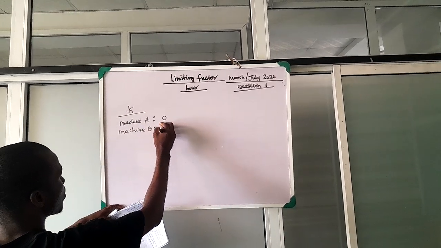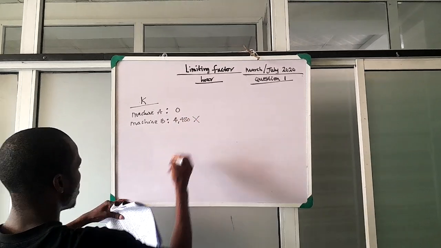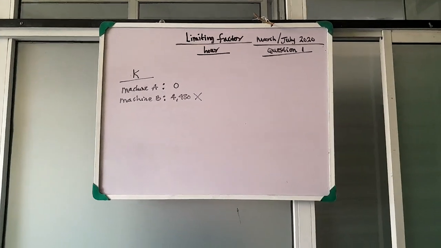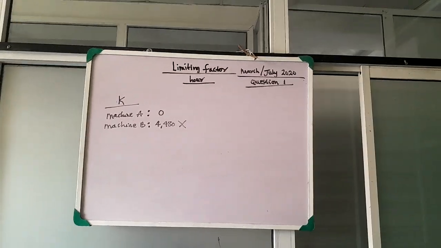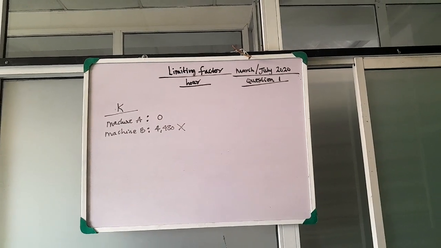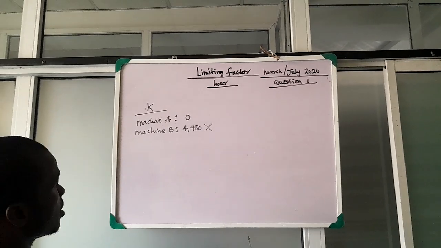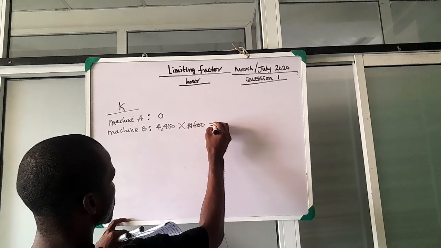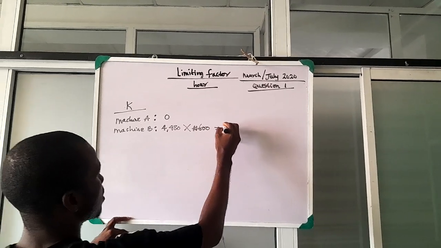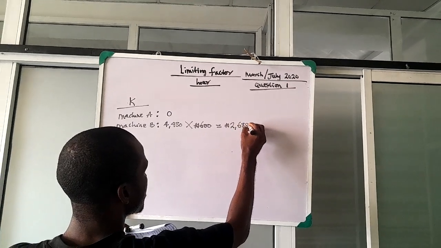Yes, 4,480. 4,480 times, what is the new price that they said for A and B? 400 and 600. So the B is 600. So this will be times 600, which will give us 2 million, 688,000.